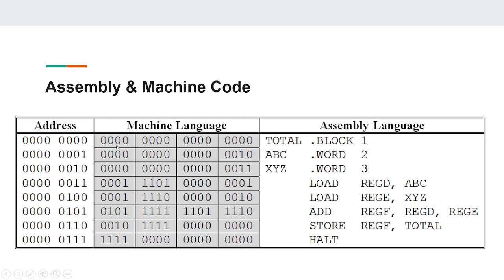In address 1, a value for ABC is stored. In address 2, a value for XYZ is stored. In address 3, an instruction is stored. Address 4, another instruction is stored, and 5, another instruction is stored.